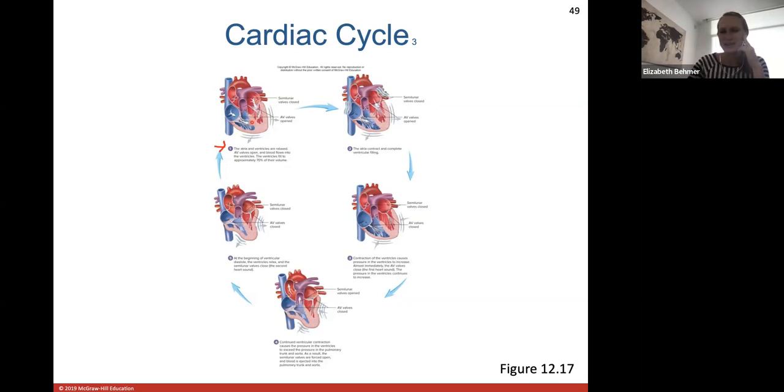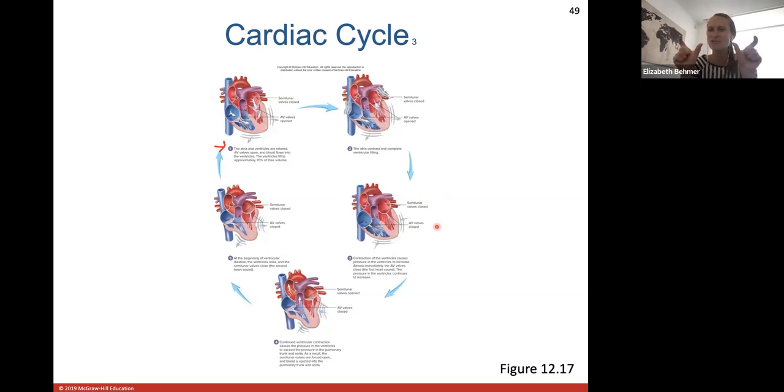In phase 2 of the cardiac cycle, the atria contract, so they squeeze a little more to finish filling up all the ventricles that are below them with blood. And then phase 3 refers to the contraction of the ventricles, which causes pressure in your ventricles to increase. So during this phase 3, it says here that all 4 of your valves are closed.